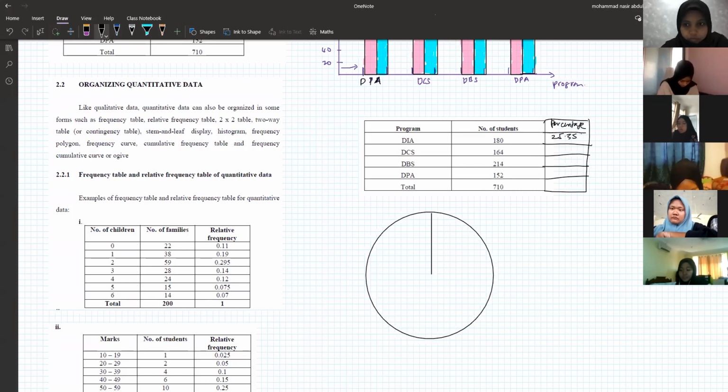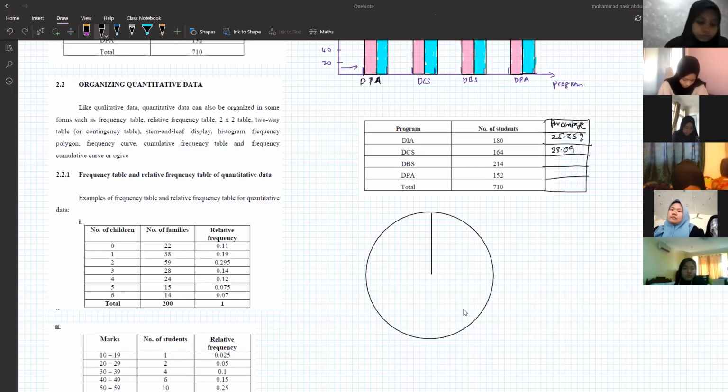You know how to calculate percentage, right? 180 divided by 710 multiply with 100%, you got 25.35%. And then 164 divided by 710 is 23.09. Later we will round to one decimal place.